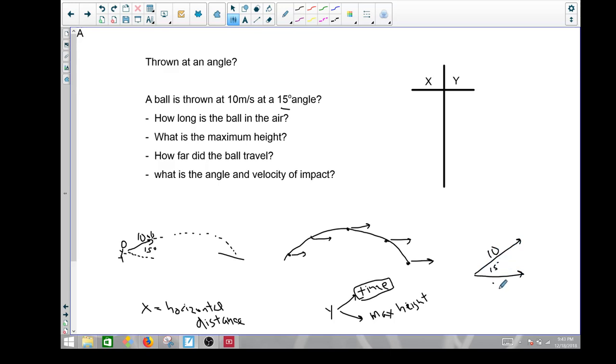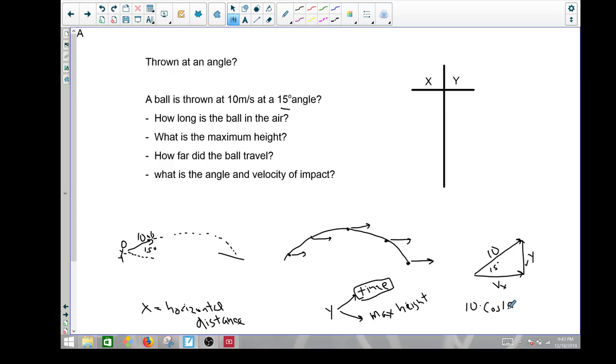I want to find the velocity in the x and the velocity in the y, so I'll use the cosine and the sine functions. Vx is going to be 10 times the cosine of 15.